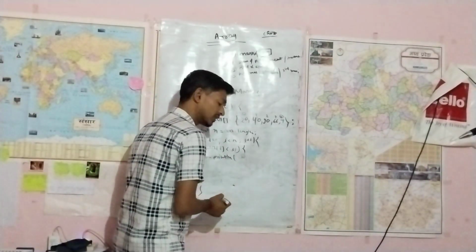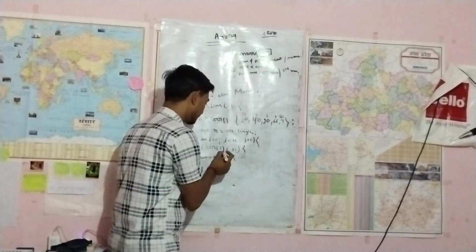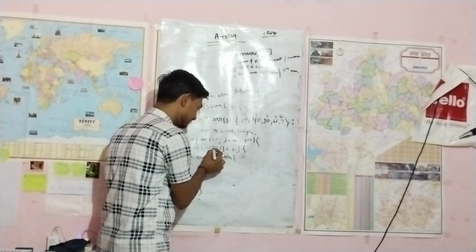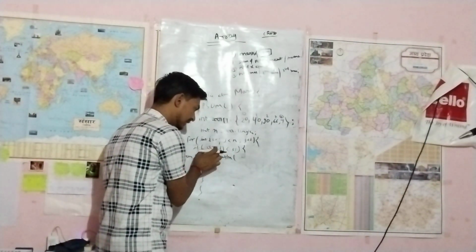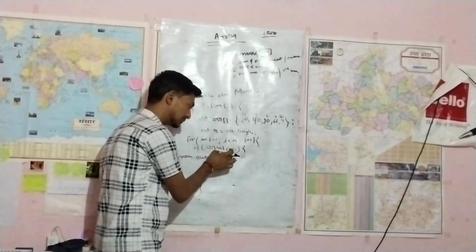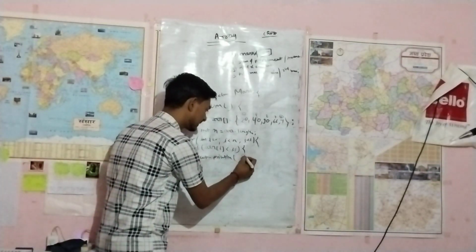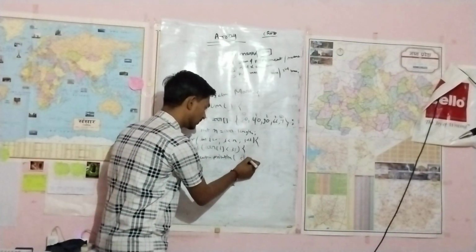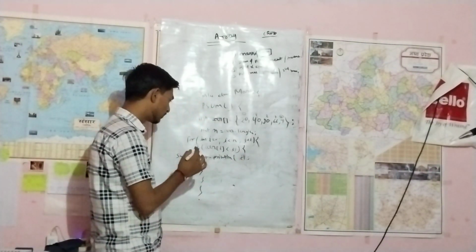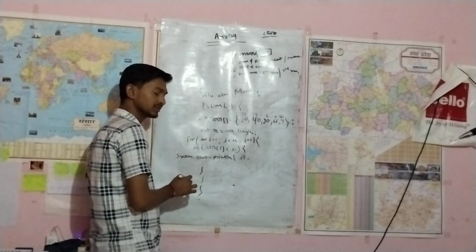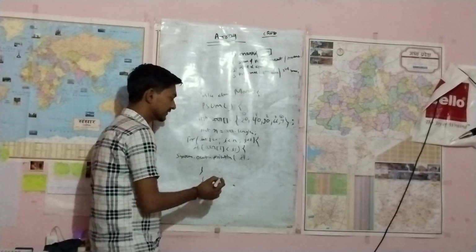And what we have to print, its index number, because array of index i is less than 35. So what we have to return, the index. So just simply write here i. Okay, so by doing this, you would be able to find the roll numbers of those students who have scored less than 35.